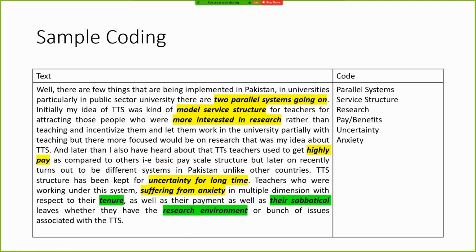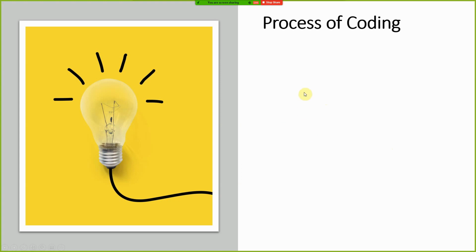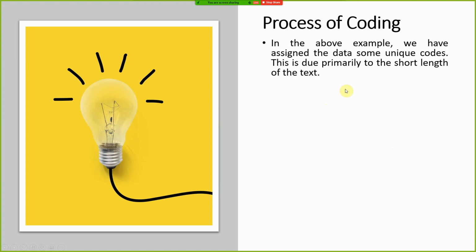So a code will have multiple sentences, multiple quotations. And in order to identify or group those sentences, you identify codes just to represent those sentences.